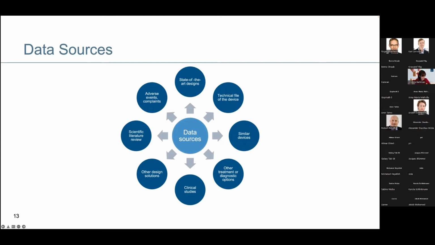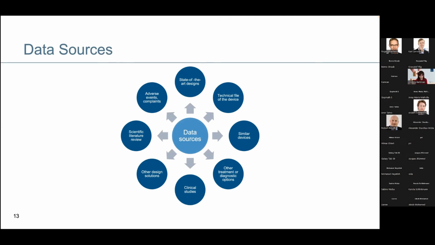The next step. So we looked at the benefits, and we saw in the clauses of the standard that it was mentioned that the manufacturer should get data and literature. So what kind of data are we talking about?